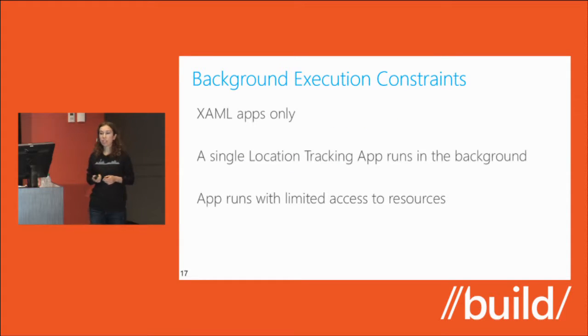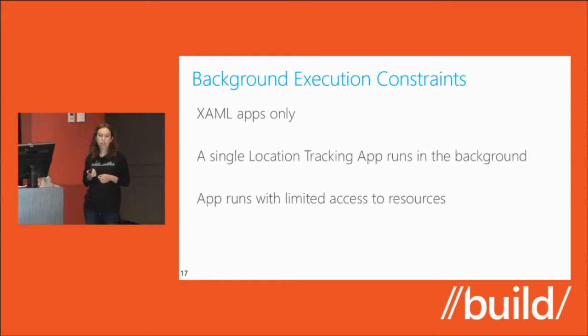There are constraints to this model. The first constraint is that this functionality is available only for XAML applications. And by that I mean the old Silverlight application, which is either pure XAML or XAML with Direct3D or XAML with native code. So in other words, you don't have this functionality available if you build a pure Direct3D app.